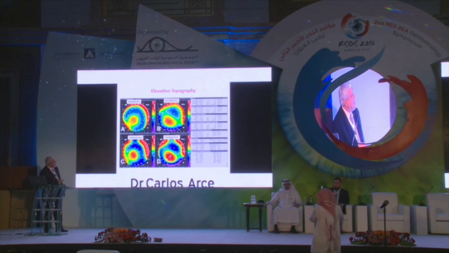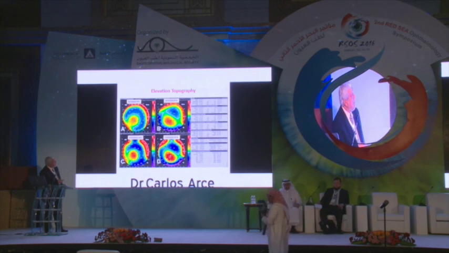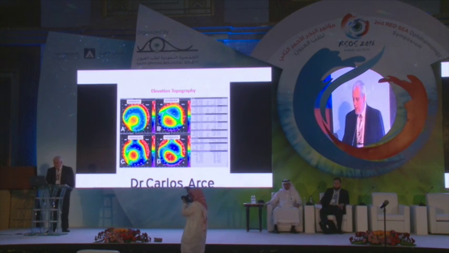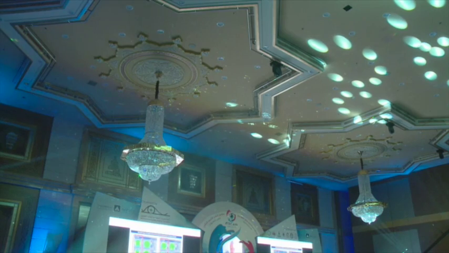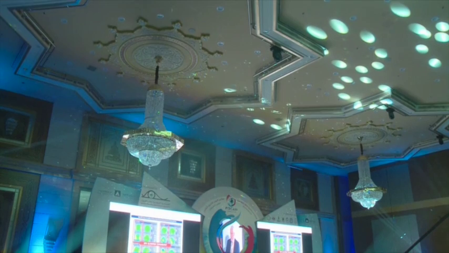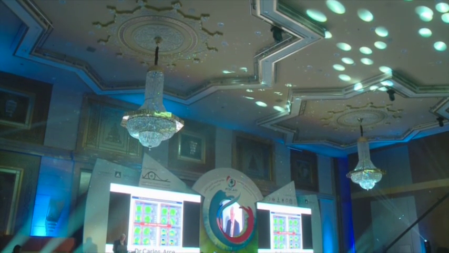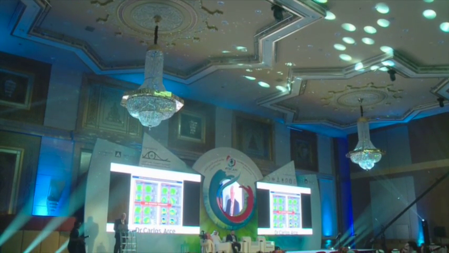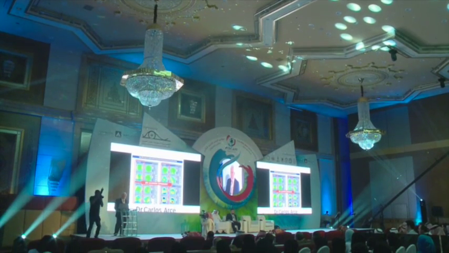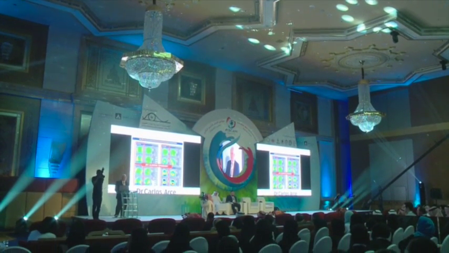If you take the delta between the minimum or more negative value here and the more positive value here, this is what means the Kranemann-Arce index or the AAI index. So best fit sphere elevation topography is used to study toricity and protrusion.